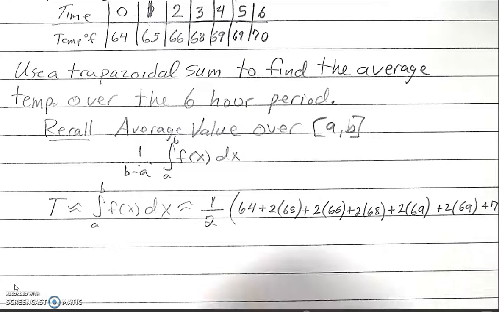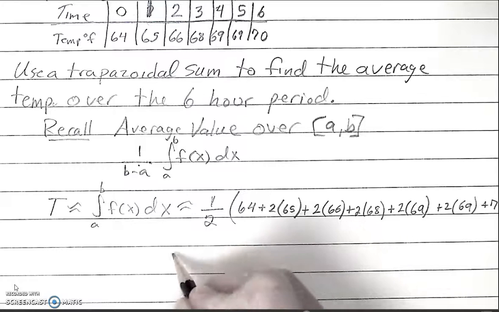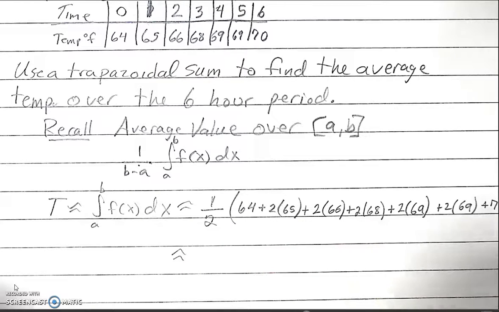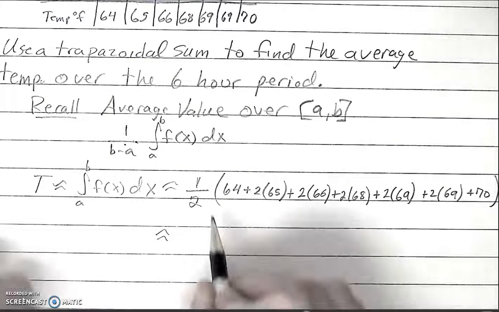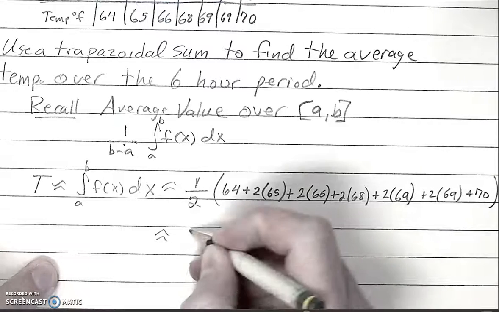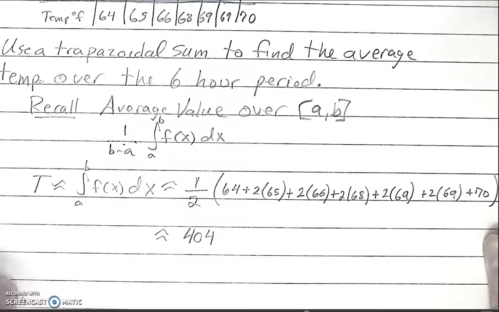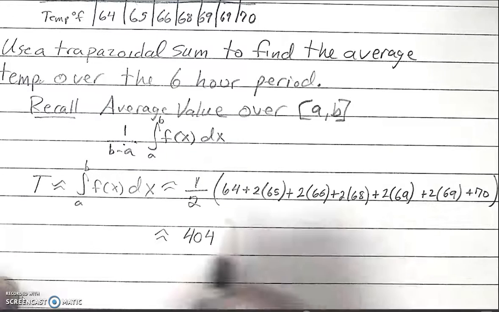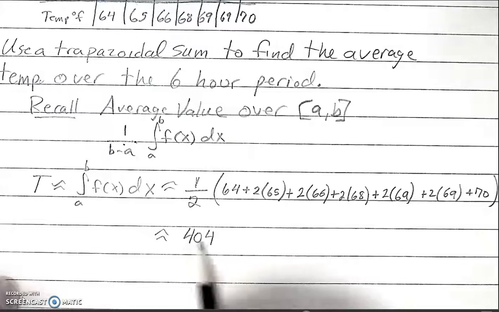So it's at this point that we just pull out a calculator and calculate this to see what this integral approximately is going to be using this trapezoidal sum. So as I'm sure you all just got done pausing the video and typing this in, this is actually a total of 404. Okay? So this integral piece right here is going to be a sum of 404.